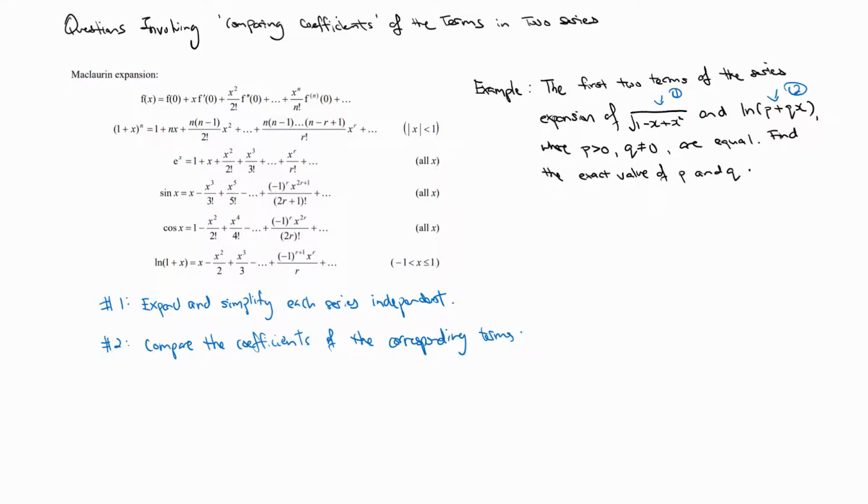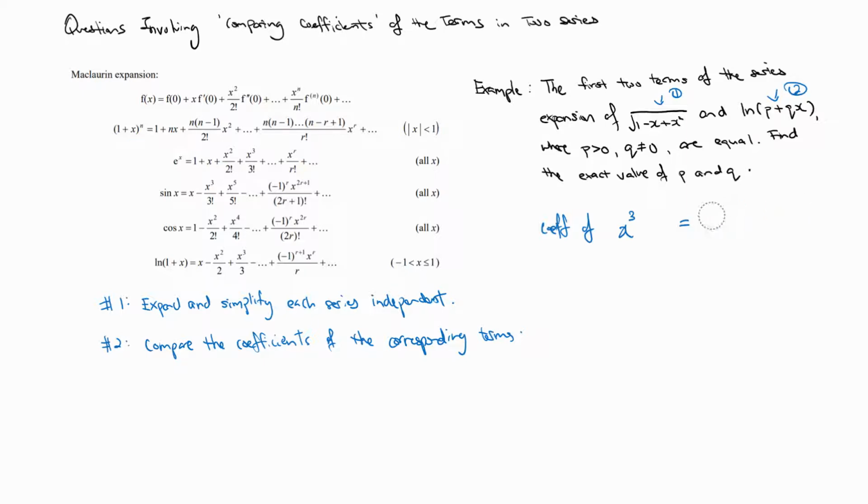It changes from question to question. It can happen that way, but sometimes it may not. They might tell you that the coefficient of the x cubed term for the first series is equal to, let's say, the coefficient of the x squared term in the second series. So pay attention to the question and follow the conditions that they give you.